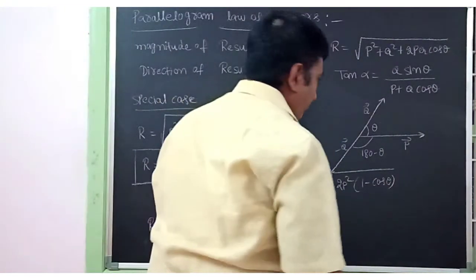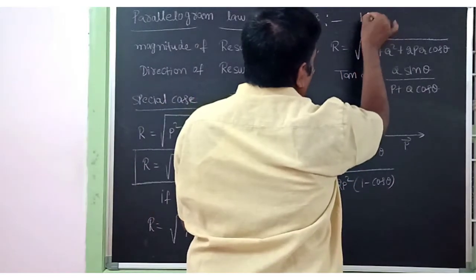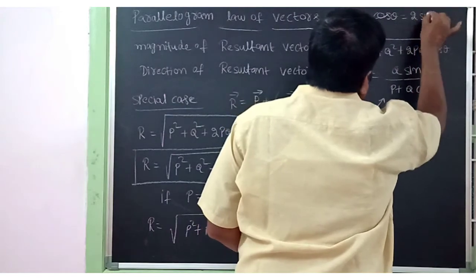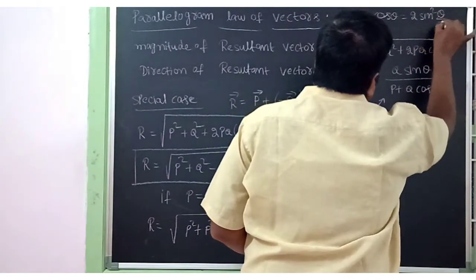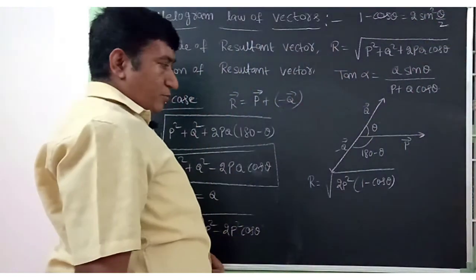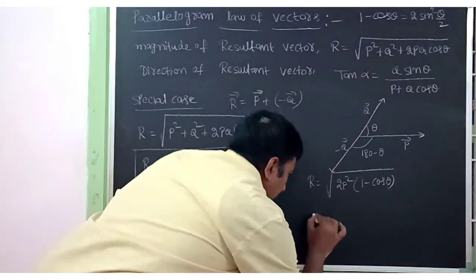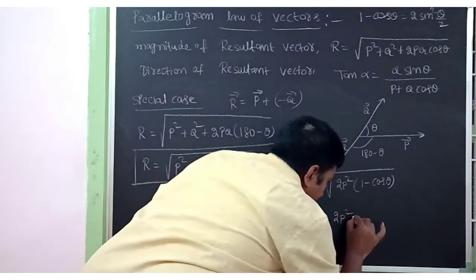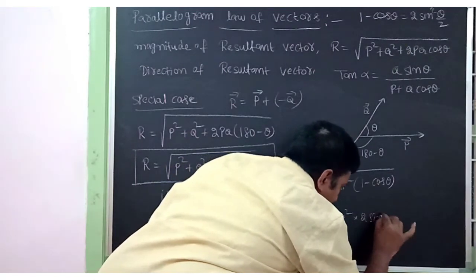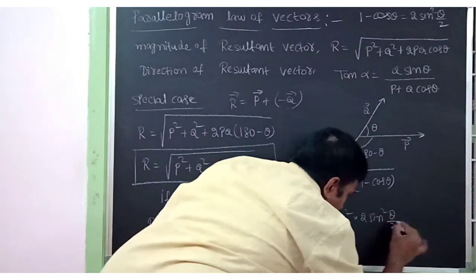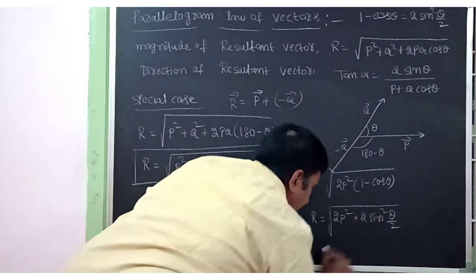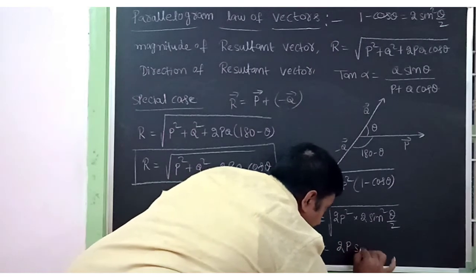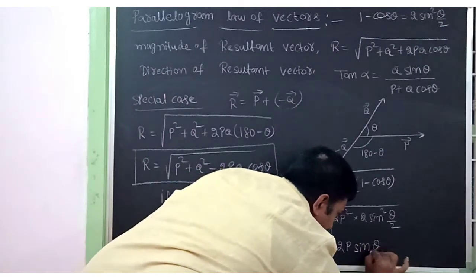Here the value of 1 minus cos theta is equal to 2 sin square theta by 2. With the help of this, r is equal to root of 2p square into 2 sin square theta by 2, so by removing the root I get 2p sin theta by 2.